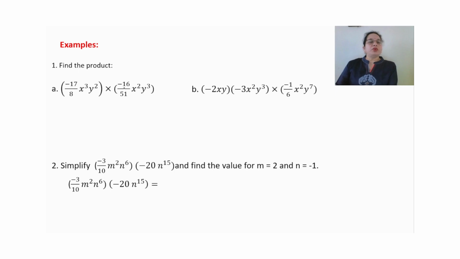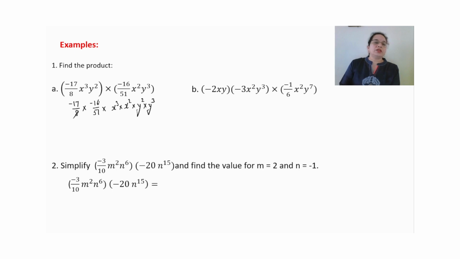Now find the product. Again here rational numbers are there, so we will write down these rational numbers together: minus 17 upon 8 multiplied by minus 16 upon 51. Then write down all the coefficients of x and then all the coefficients of y.